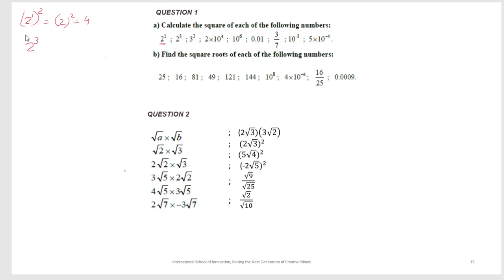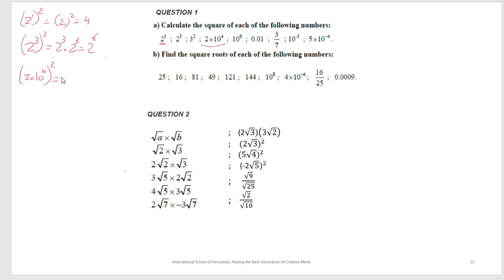2 power 3 squared is equal to 2 power 3 times 2 power 3. So it's 2 power, I add the powers. Remember, we took them from before. Now 2 times 10 power 4, I want to make it square.